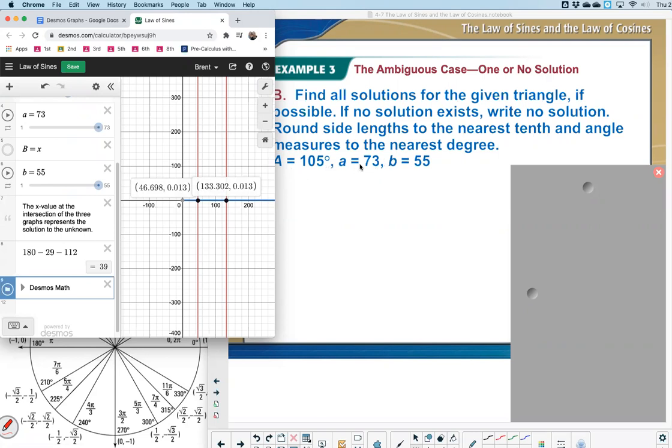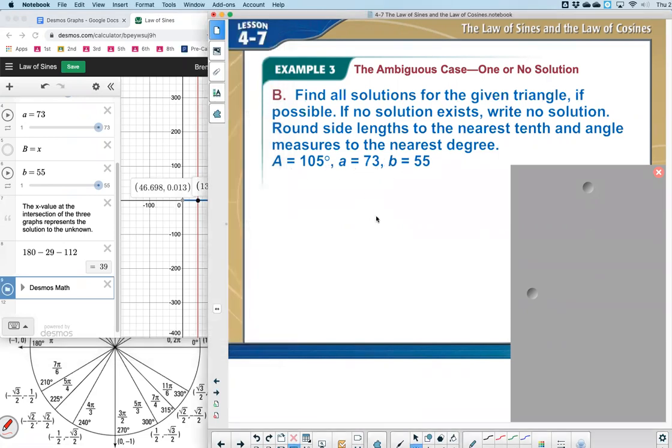We are solving for angle B right now. And so the calculator has spit out that angle B is going to be 46.7 degrees. And the next angle is 133.3. Now I want you to think about it. If we had a triangle, so A is 105, that's more than 90.